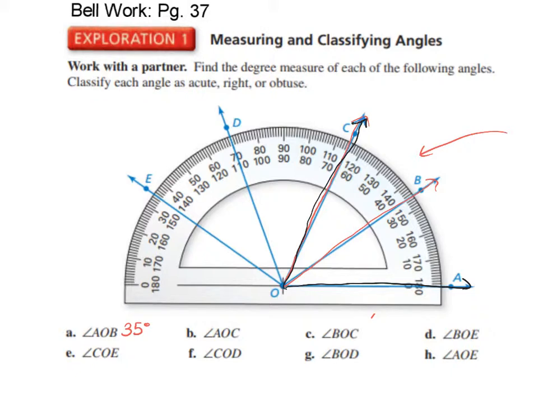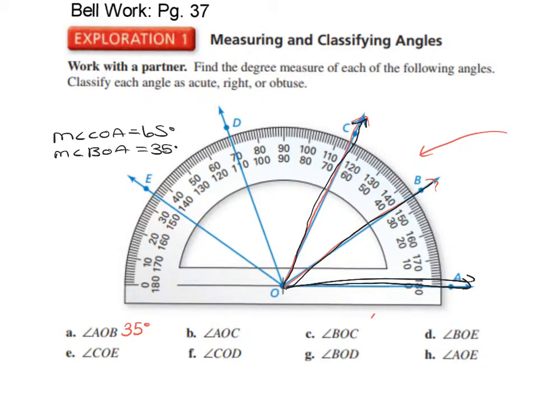This is how we denote it: the measure of angle COA is 65 degrees. Well, I'm not looking for COA, I'm looking for COB. I looked at COA, which contains COB, and then I'm going to look at BOA. What's that measure? 35, right. The measure of angle BOA is 35 degrees.